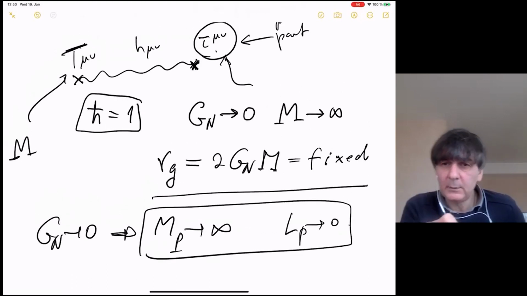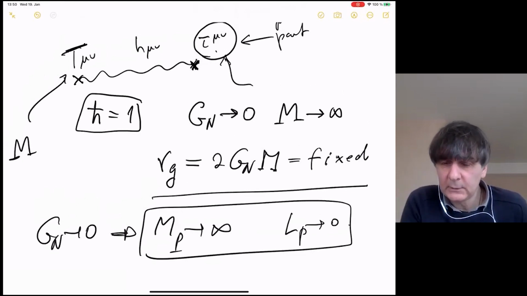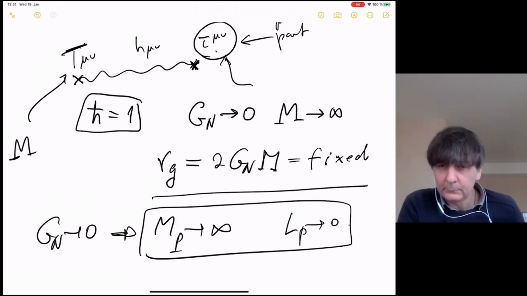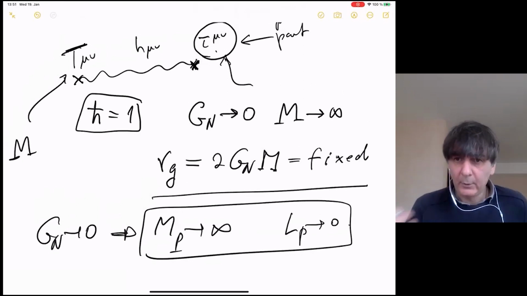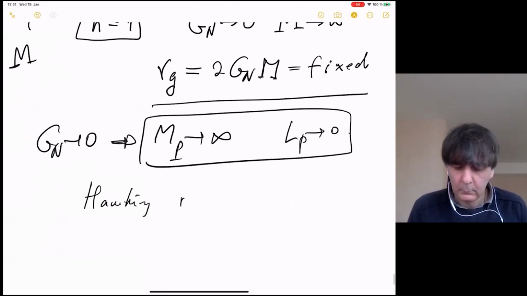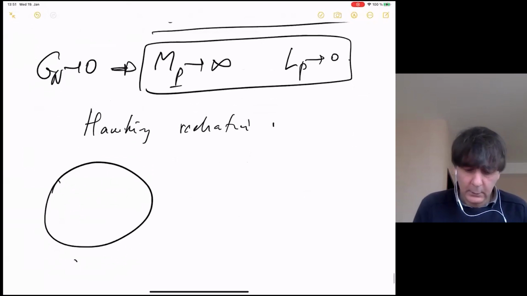Okay, so in this limit, we know that black holes are subjected to important quantum effects, and in particular, they evaporate by Hawking radiation. So in this limit, we have a finite size black hole, R_G is finite, right?